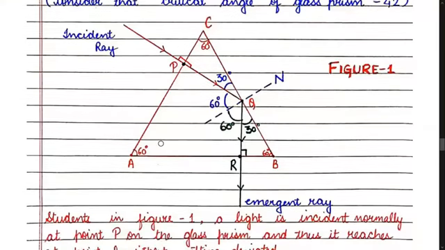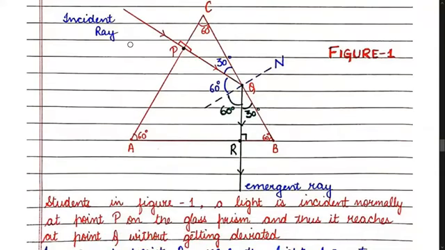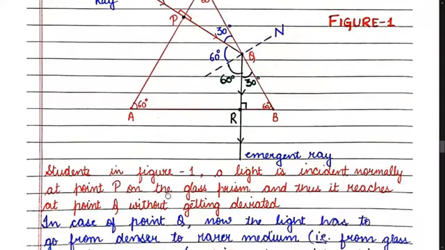So students, in figure 1, a light is incident normally at point P on the glass prism and thus it reaches point Q without getting deviated.